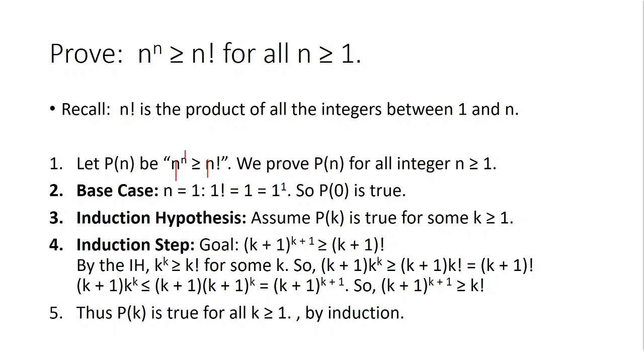We have P of k, that is true for some case. So we want to prove k plus 1 to the k plus 1 is greater than or equal to k plus 1 factorial. By the induction hypothesis, k to the k is greater than or equal to k factorial for some k.